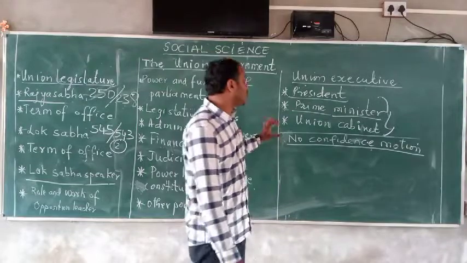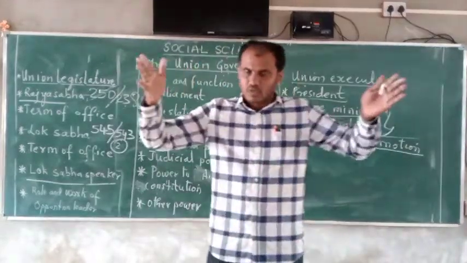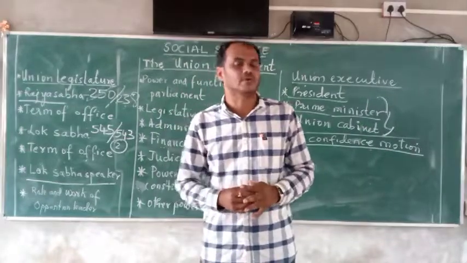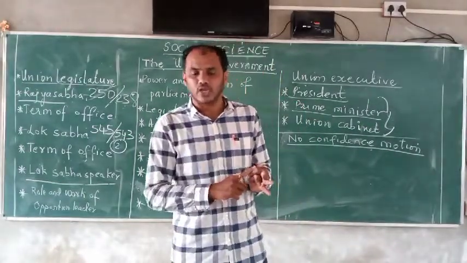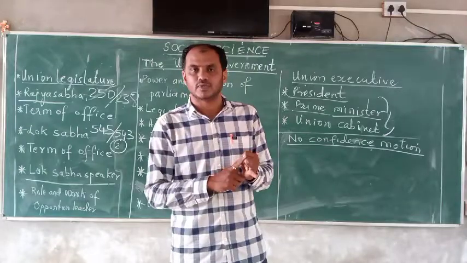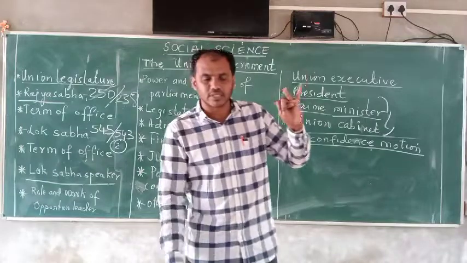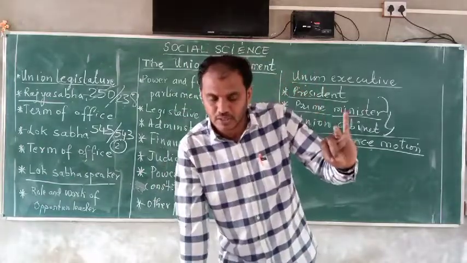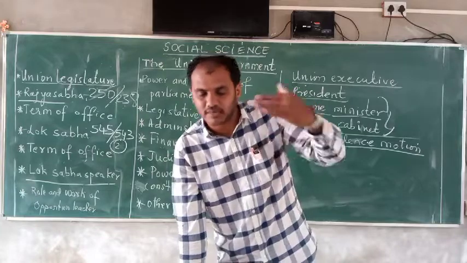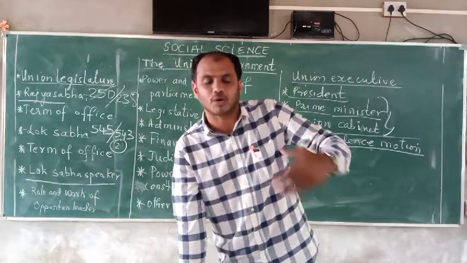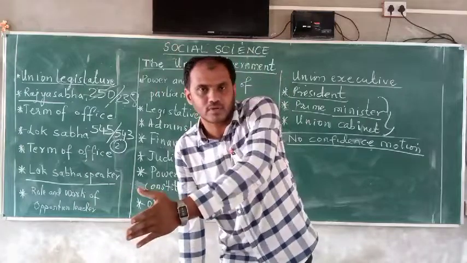So next, powers of the Prime Minister. The Prime Minister has a certain power: appointment and removal of ministers and allocating the portfolios. The Prime Minister recommends to the President to appoint so-and-so person as so-and-so minister.